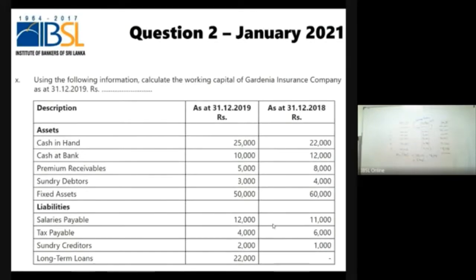So it should read as 31st December 2019 and 31st December 2018. So they are asking you to calculate the working capital for 2019.